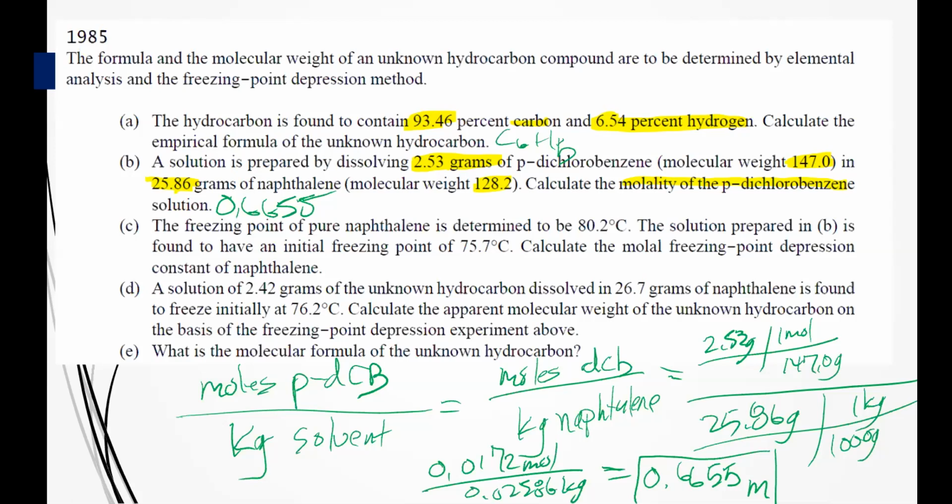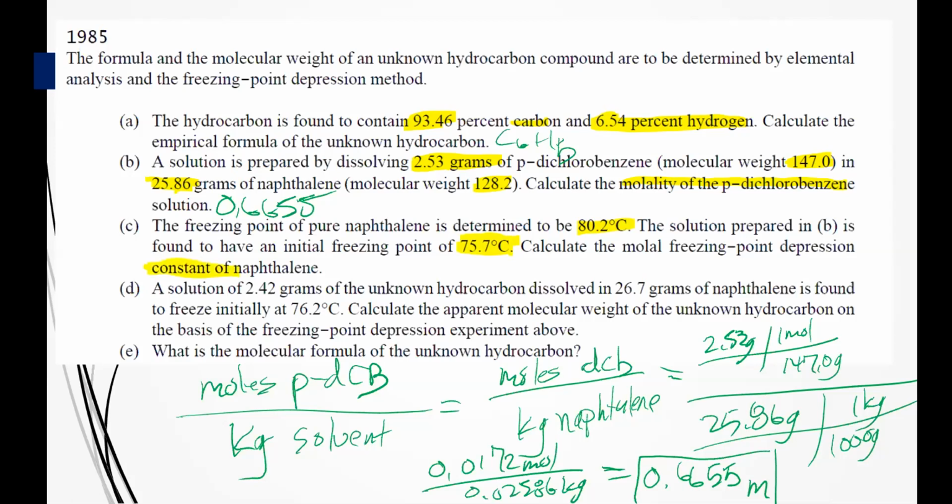And so now that we have the molality, it's saying that the freezing point of pure naphthalene is 80.2 degrees Celsius. And we're saying that the solution B is found to have an initial freezing point of 75.7 degrees Celsius. And so it wants us to calculate the depression constant.